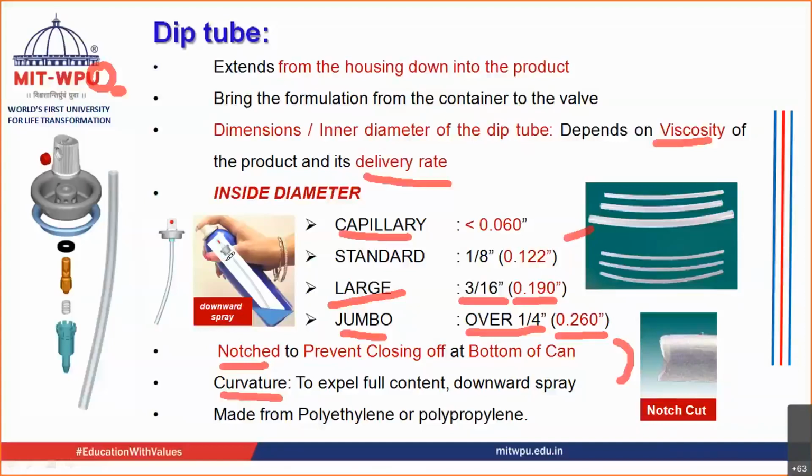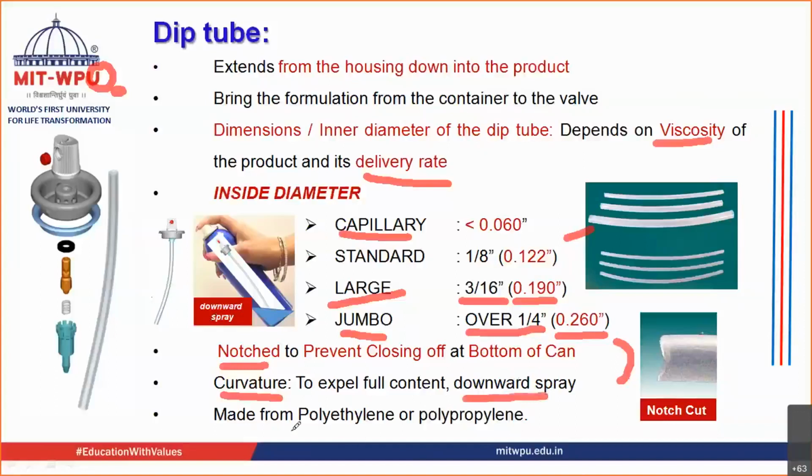So this is the way you apply it. You will have the product concentrate in this fashion when you tilt it. All the formulation should come out in a downward spray. Hence, this dip tube usually has a curvature, which you can use to your advantage.